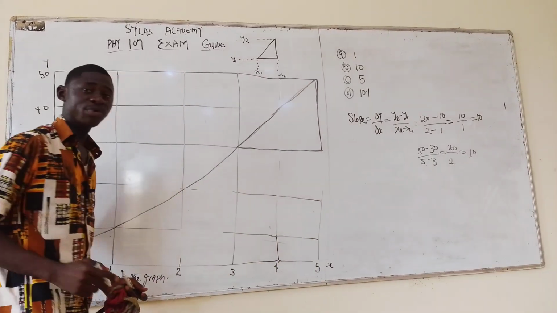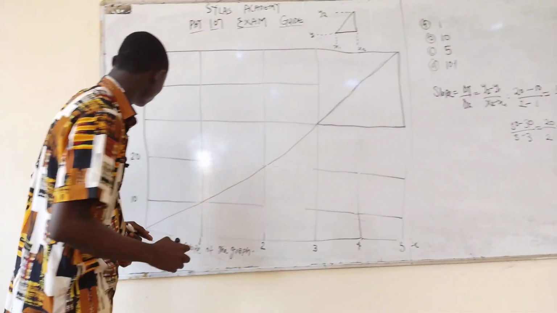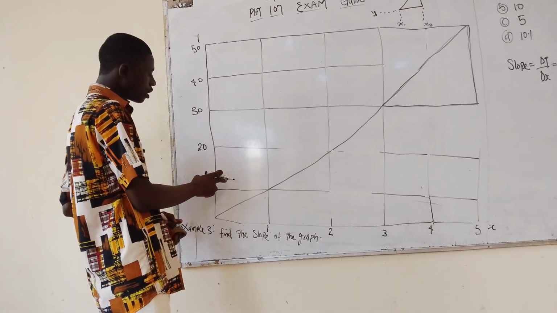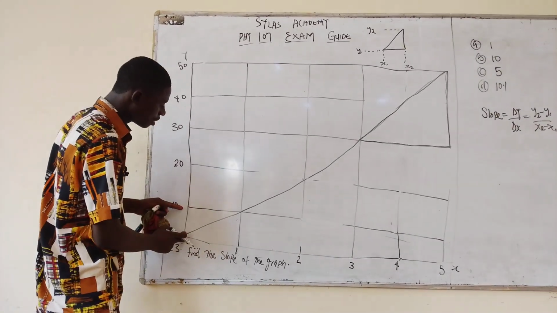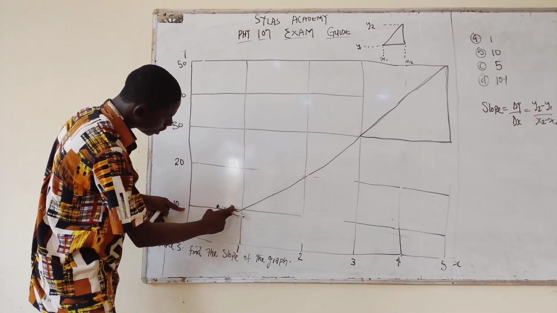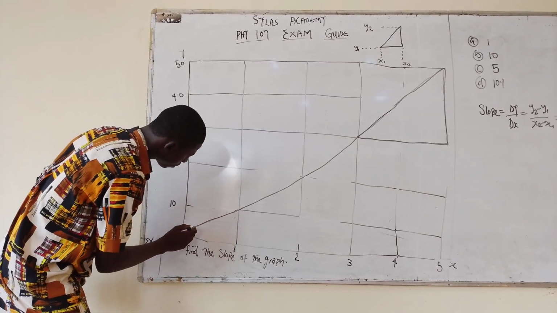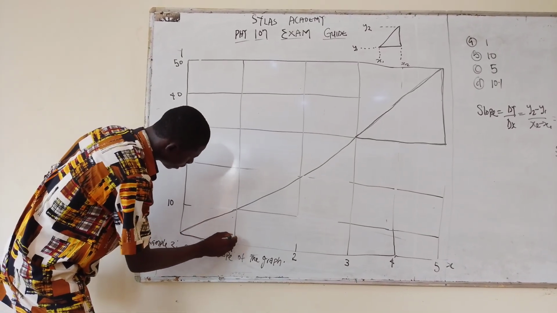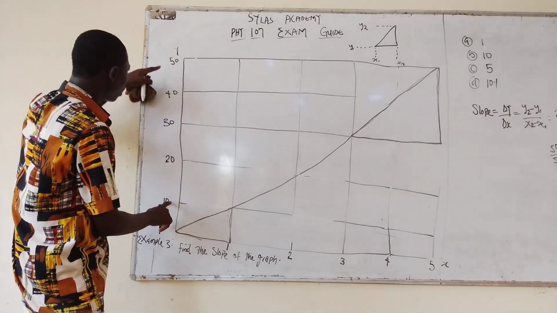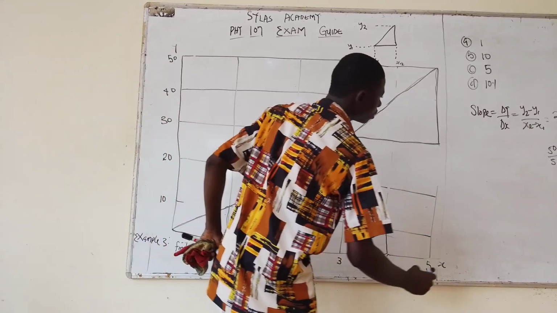Now, let's consider another, a third person, taking his slope at 10 and 0. If you clean this something like this, you have this shape. 10 and 0. Your y2 is 10.